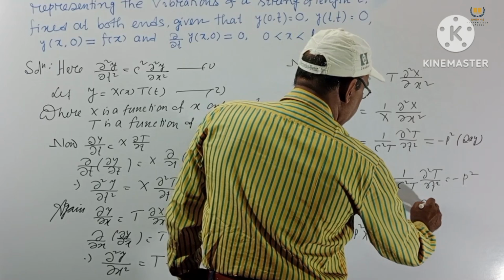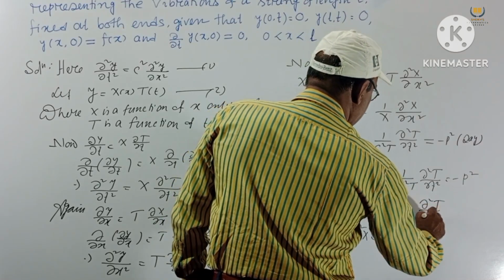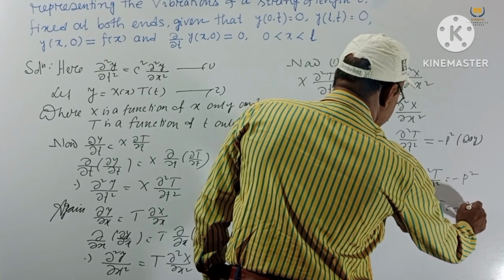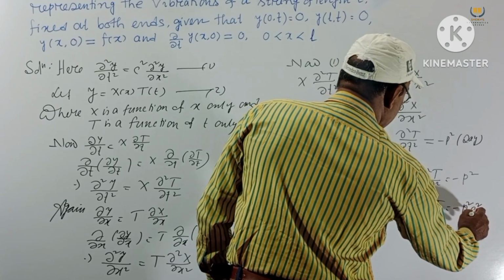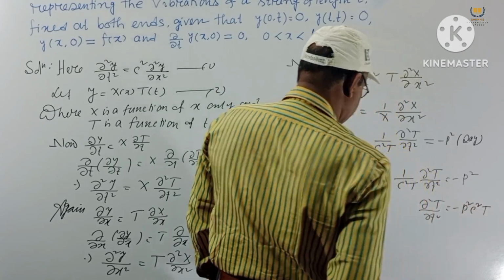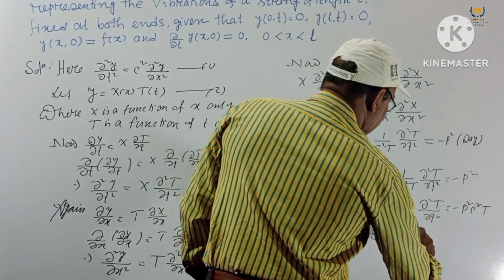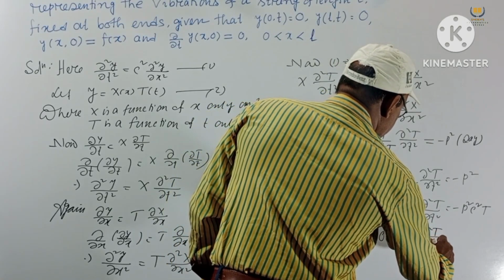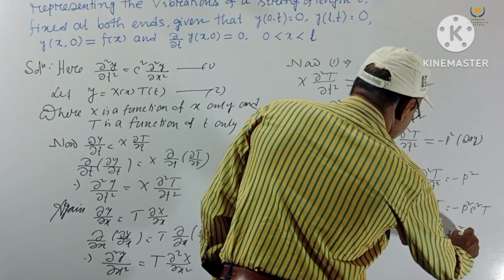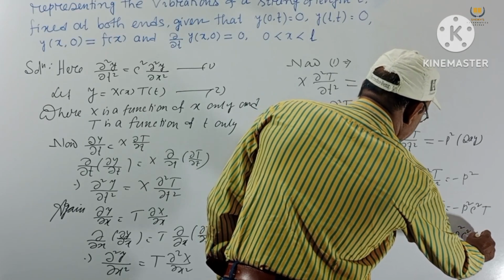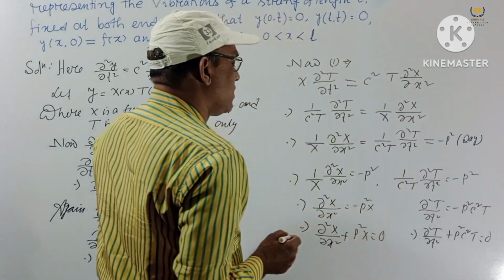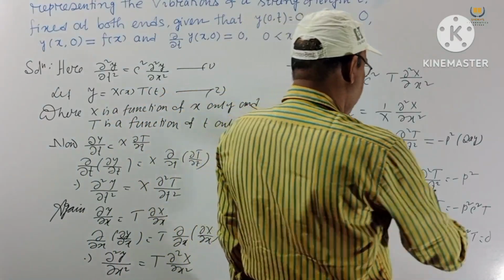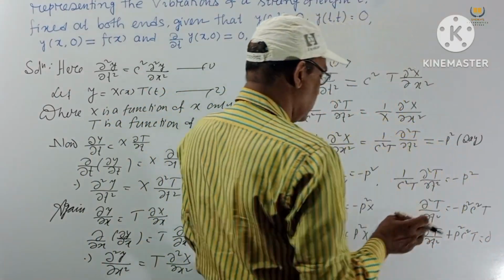And here also multiplying, ∂²T/∂t² = −p²c²T, and taking this to the left hand side, ∂²T/∂t² + p²c²T = 0.